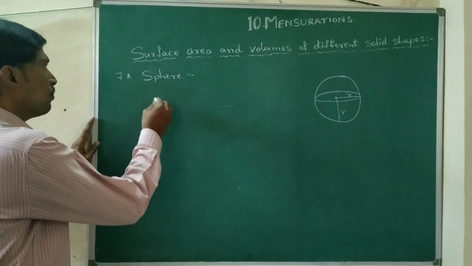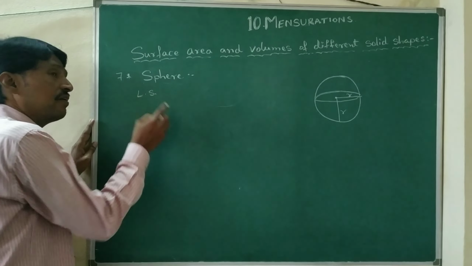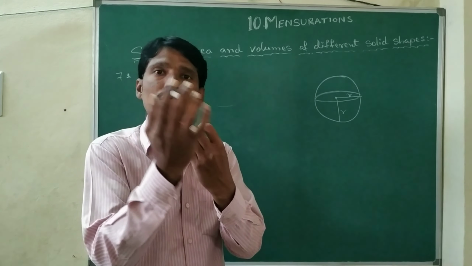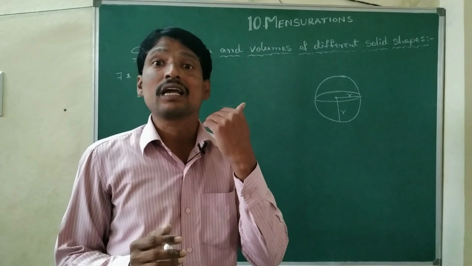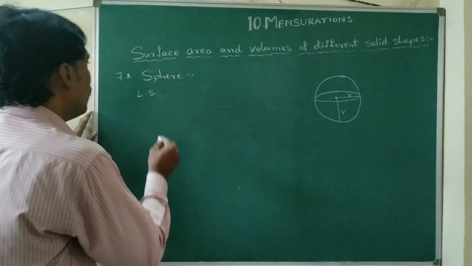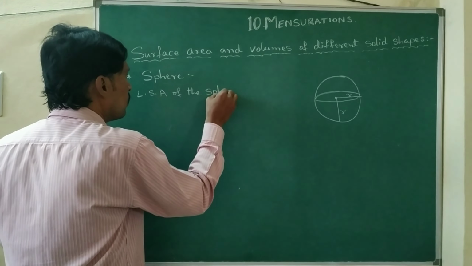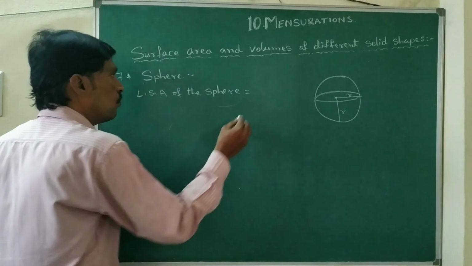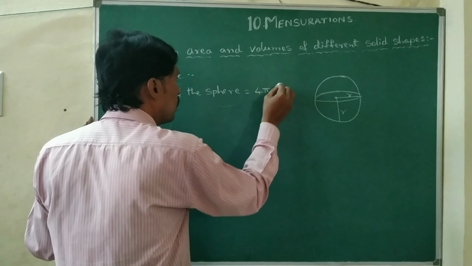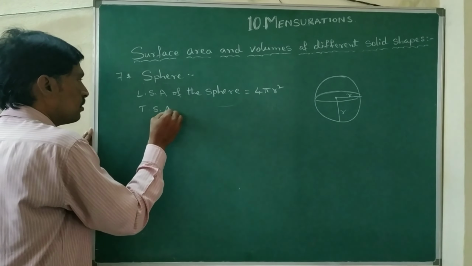For curved objects we can take CSA, and CSA and LSA are both the same. So LSA of the sphere is 4 pi r square. Here the pi value you already know, that is 22 by 7.